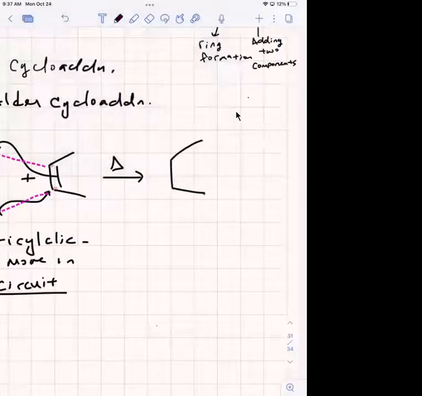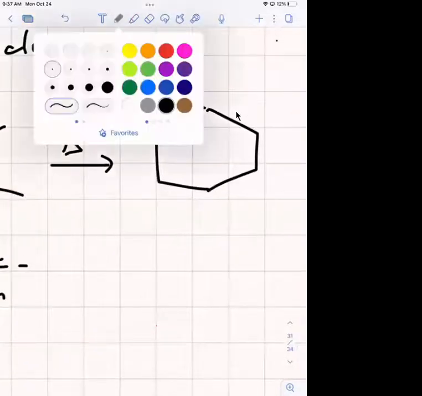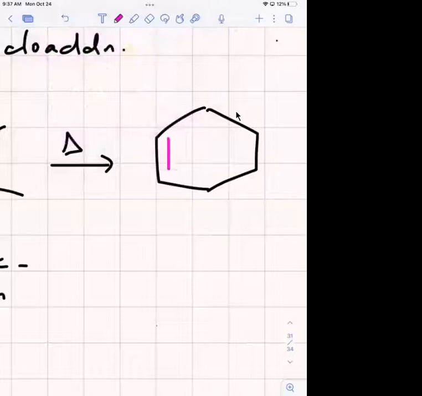So my product is going to look like this. I get a 6-member ring. This is always the outcome: a 6-member cyclohexene derivative, always. My new pi bond is here, and my 2 new sigma bonds are here and here.